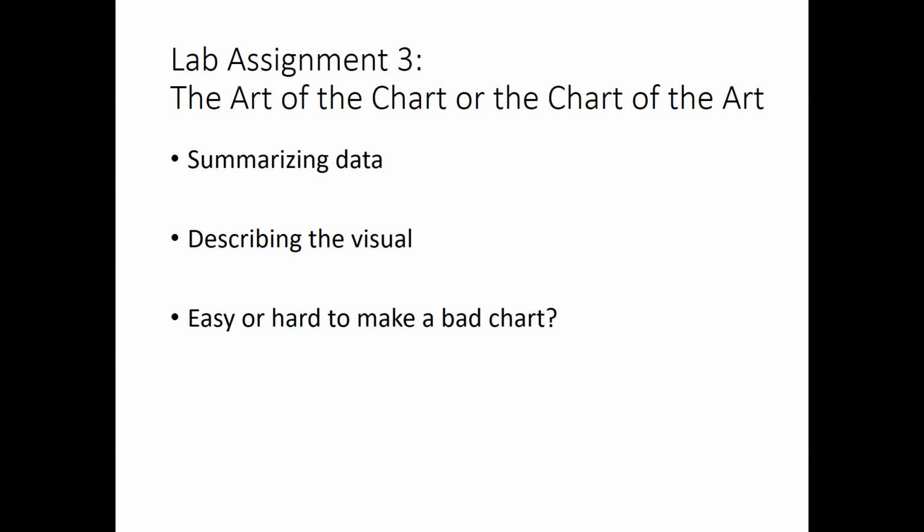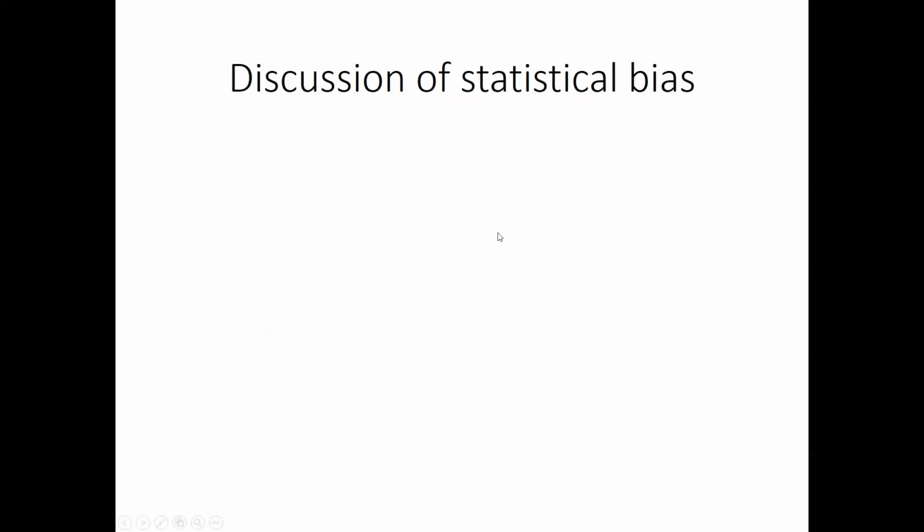But when we come back, what we're going to talk about is really statistical bias. Statistical bias is really what we mean by meeting or not meeting our assumptions, right? And I'll explain much further what we mean by it.